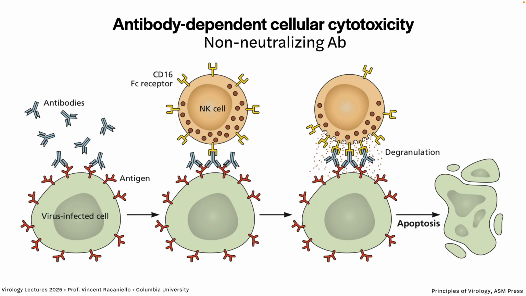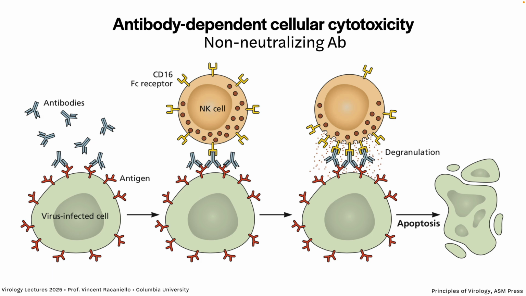Another mechanism is called ADCC, antibody-dependent cellular cytotoxicity, again involving non-neutralizing antibodies. So here we have made antibodies against a virus, and we have a virus-infected cell. The virus-infected cell is displaying spike glycoprotein on the surface, which happens for many envelope viruses, right? The antibodies are binding these, and then the Fc portion of those antibodies are recognized by another cell with an Fc receptor.